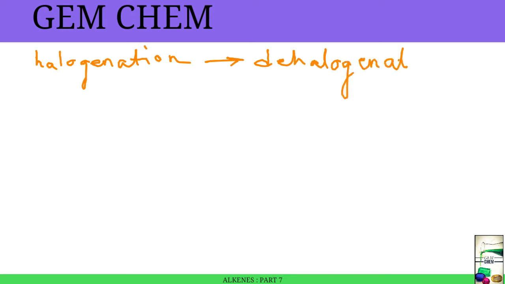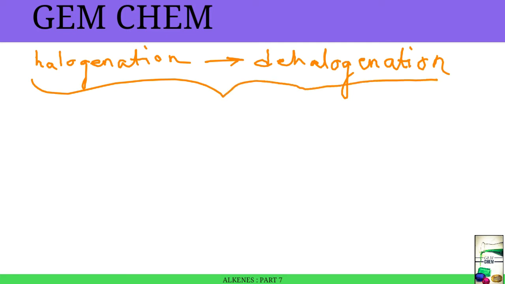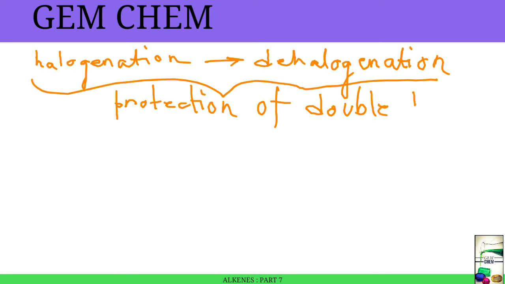So what it indicates is that these consecutive procedures can be used for protection of the double bond, right? Protection of the double bond.